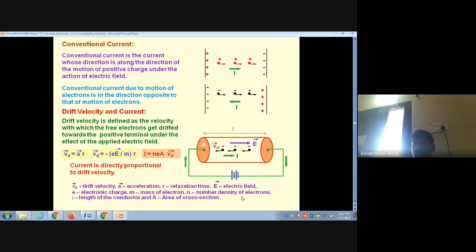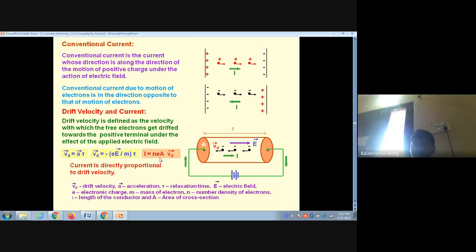Since n is a number density, how can we write it? I'll tell you. L is the length of the conductor and A is the area of cross section. So number density of electrons, in the sense, some number of electrons per unit length we are writing.